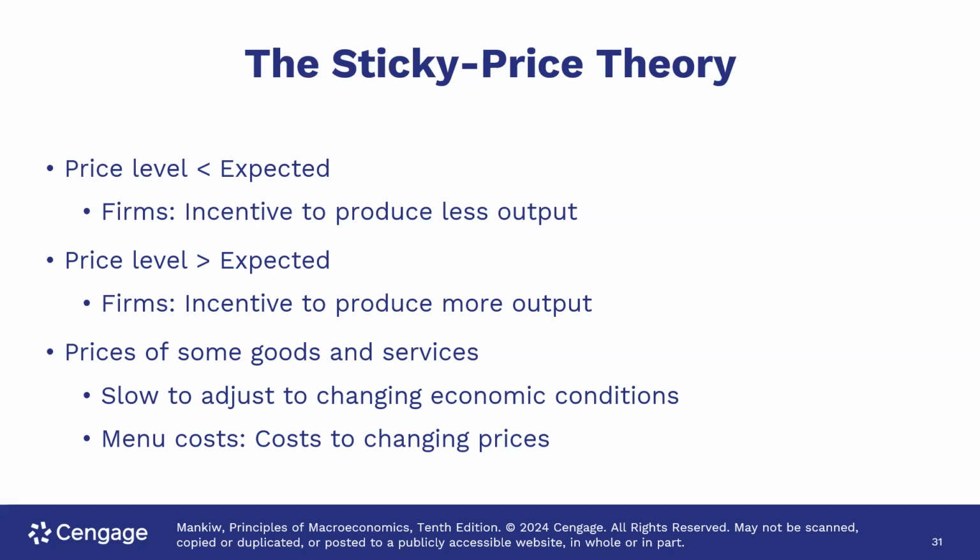If the firms expect the price level to go up by 5%, but actually it only goes up by 1%, what does that mean? It means that the firms expected a 5% profit margin simply coming from the inflation. But now the profit margin actually shrinks by 4%. So the firms can earn less from the production. In this case, they are incentivized to produce less, and vice versa.